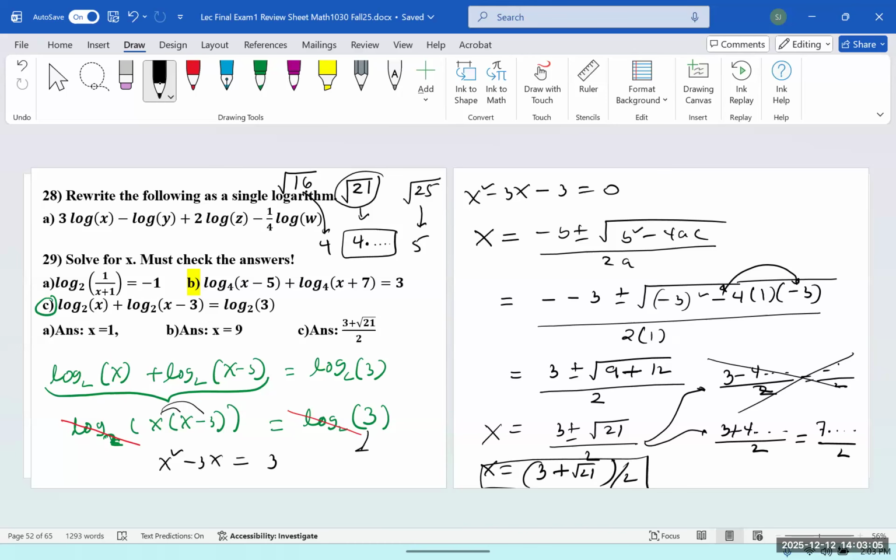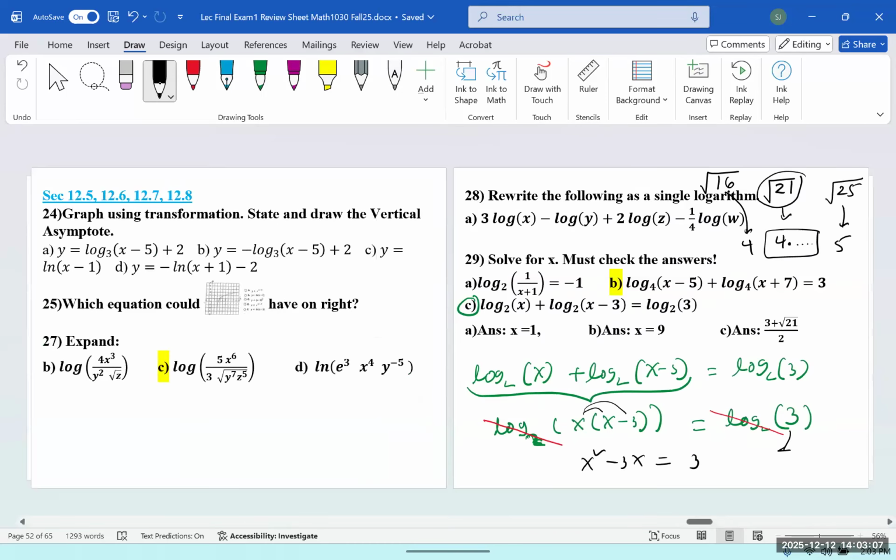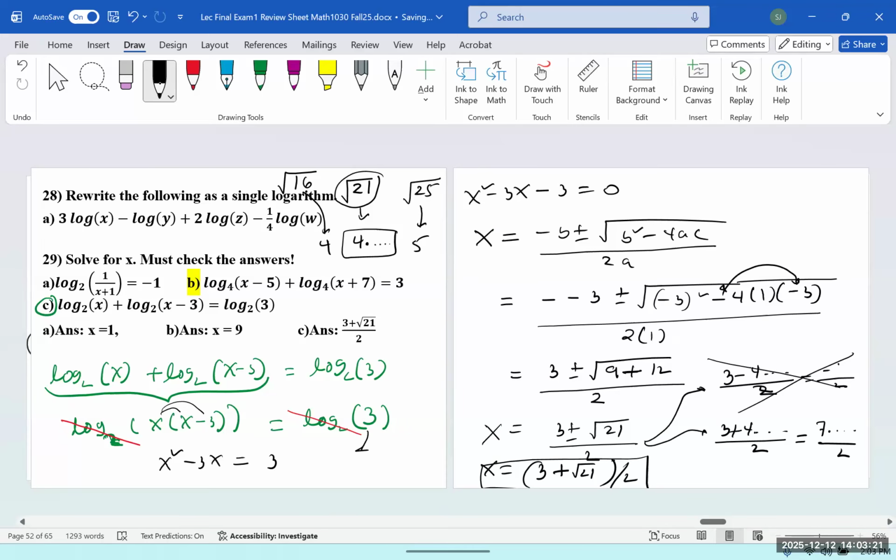Okay, so we did log. Now, expanding. There will be one question from expanding. For the answer, they put 3 plus square root of 21 over 2, not the minus. It's only the plus answer. I mean, we don't have to show, or we can show the 3 plus 4 on top, but the answer is.